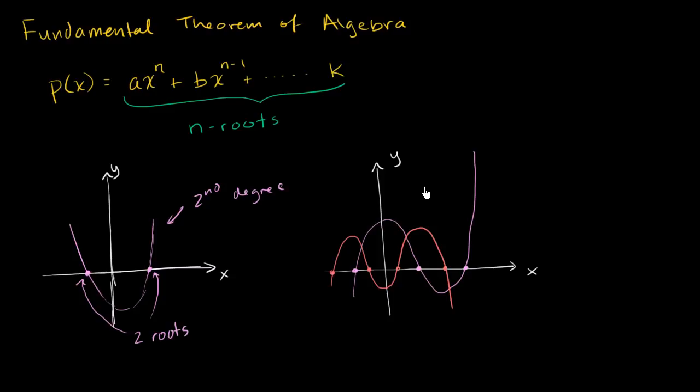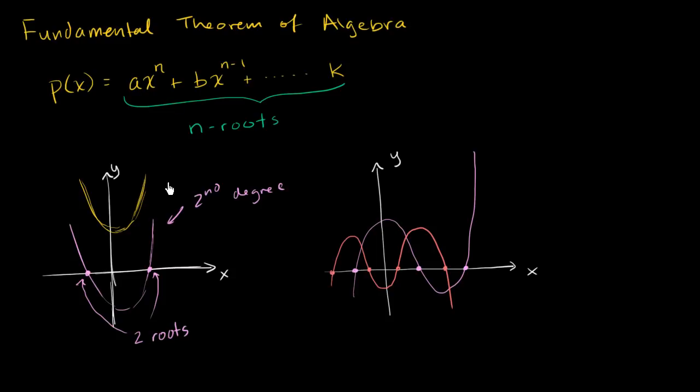But then you might start to remember things that don't always behave in this way. For example, many times we've seen parabolas, we've seen second degree polynomials that look more like this, where they don't seem to intersect the x-axis. So this seems to conflict with the fundamental theorem of algebra.